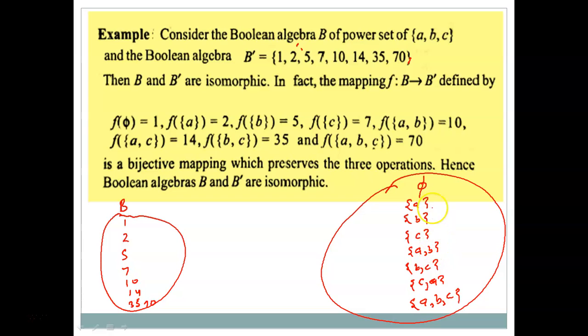So these are the eight elements: 1 2 3 4 5 6 7 8 elements are there. So if we can define the 1-1 onto map.